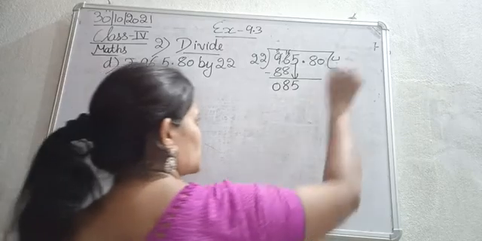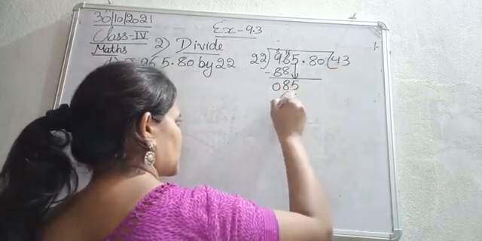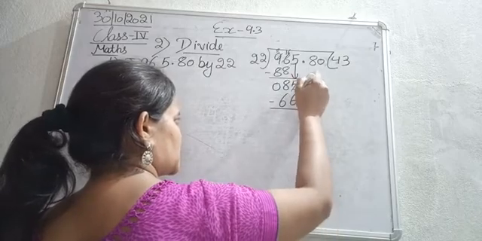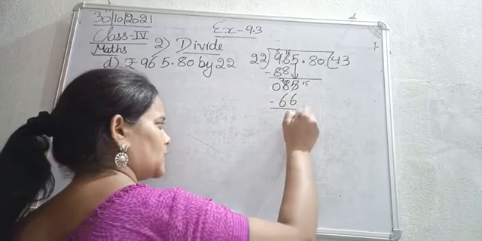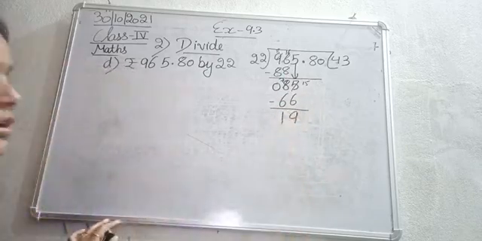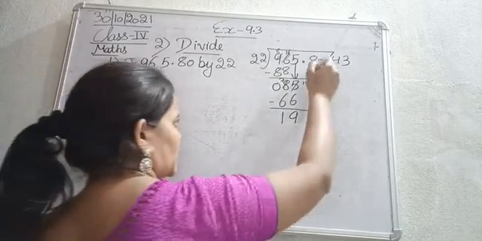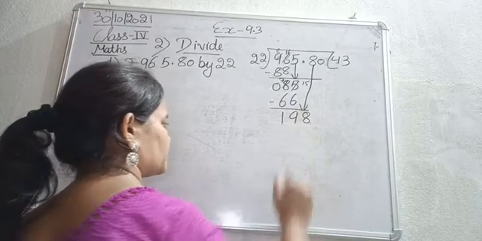So 22 threes are 66. So 75 minus 66 is 9. Bring down the next one, that is 8.